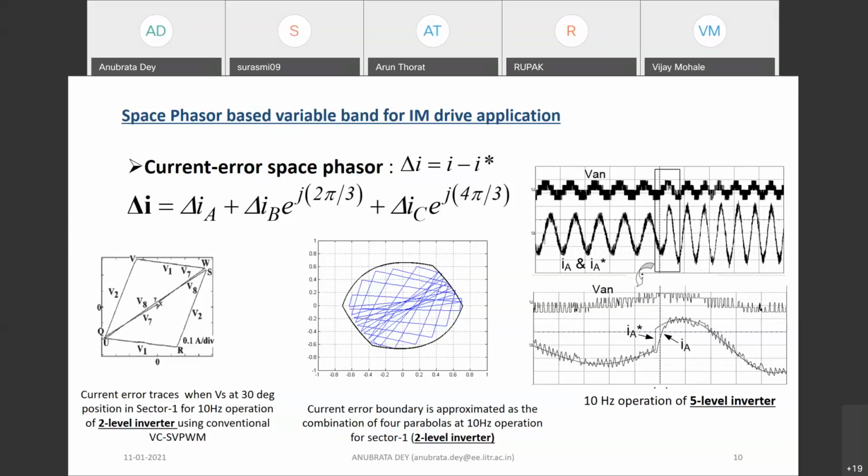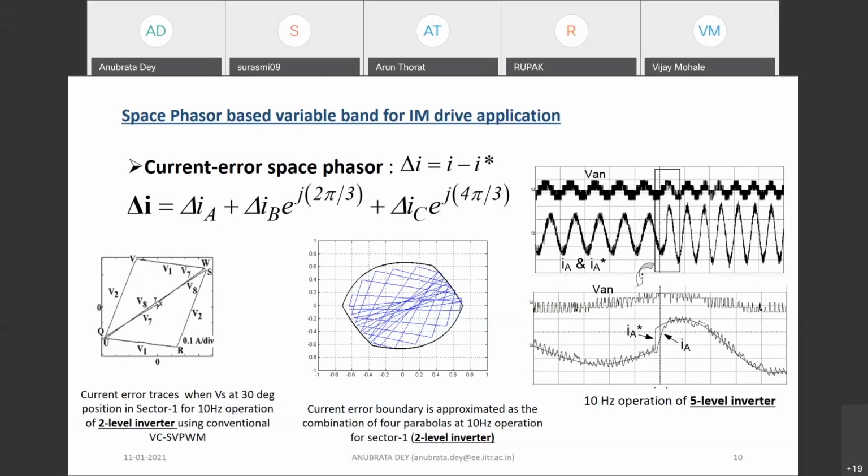Although they try to control it in some way or other, they have their own limitations. But here, ideally, you can do that switching frequency variation control nicely by using a nearly constant switching frequency control approach.